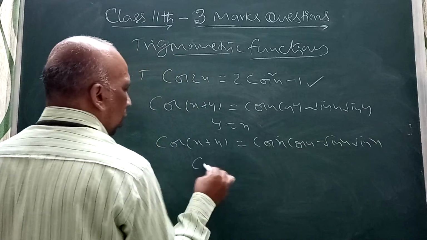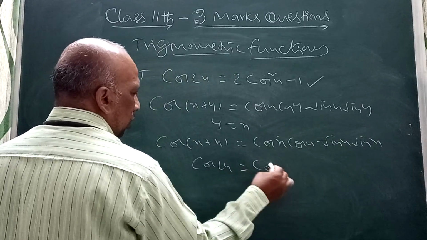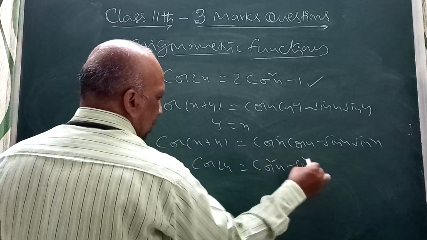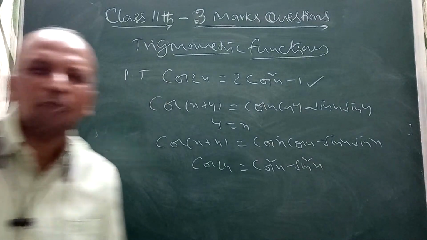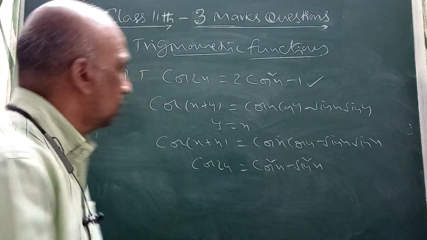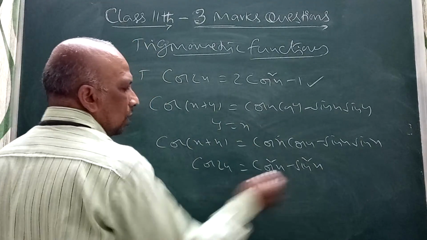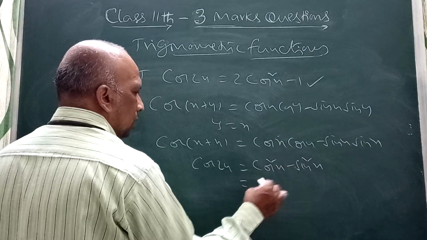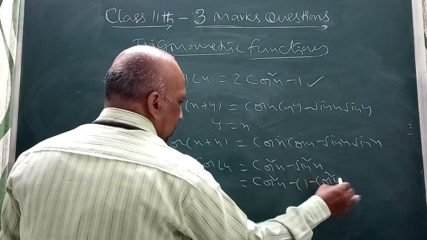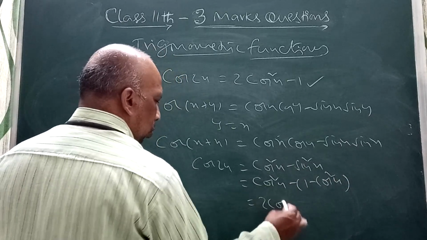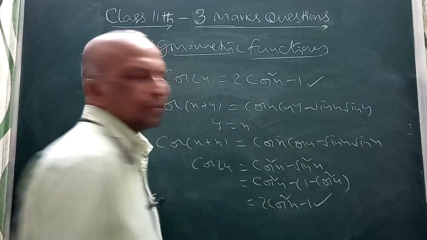So cos 2x equals cos square x minus sin square x. Now replace sin square x with 1 minus cos square x, it will become 2 cos square x minus 1.